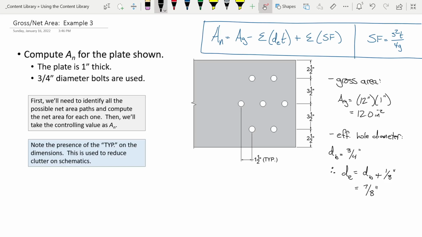Okay, now, I am going to put some letters on this.